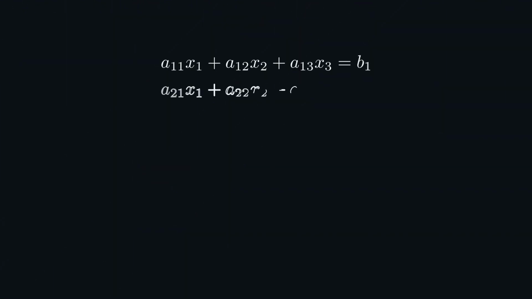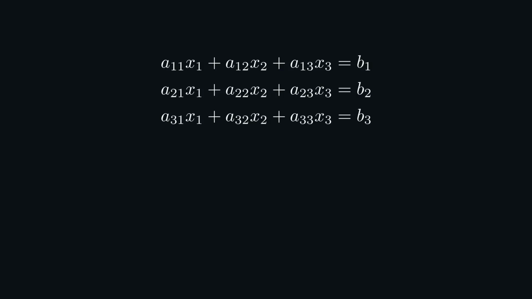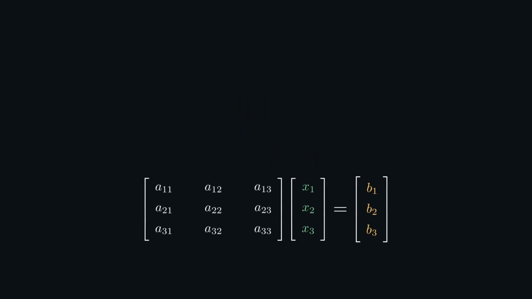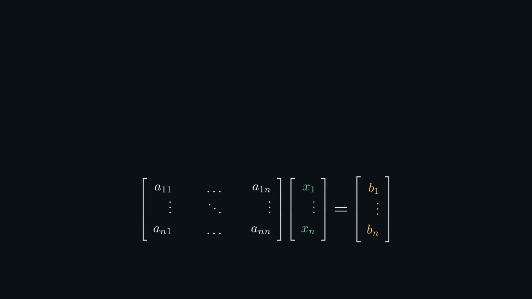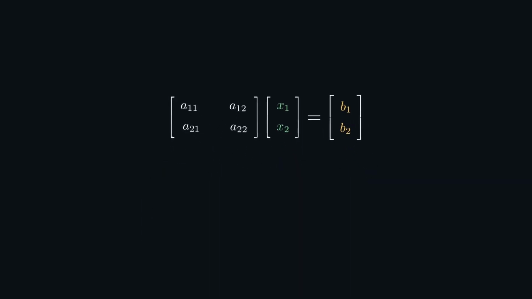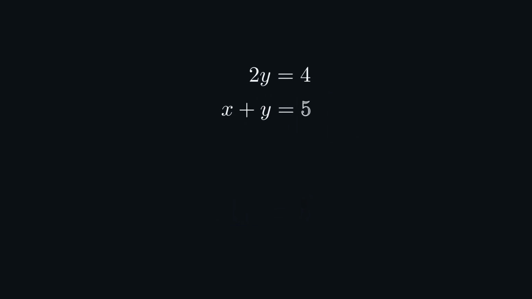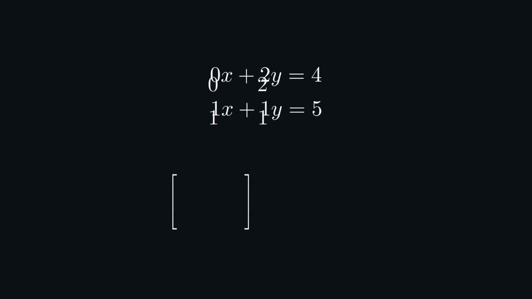One final recap: any system of linear equations in n number of variables can be represented in the form of matrices. For our video, we're going to focus on 2 variables, just for simplicity's sake. Let's take this example: 0x plus 2y is 4, 1x plus 1y is 5.